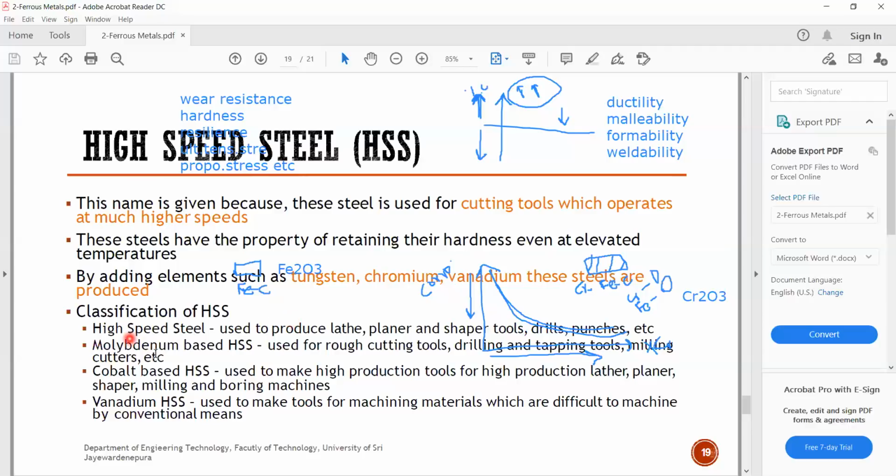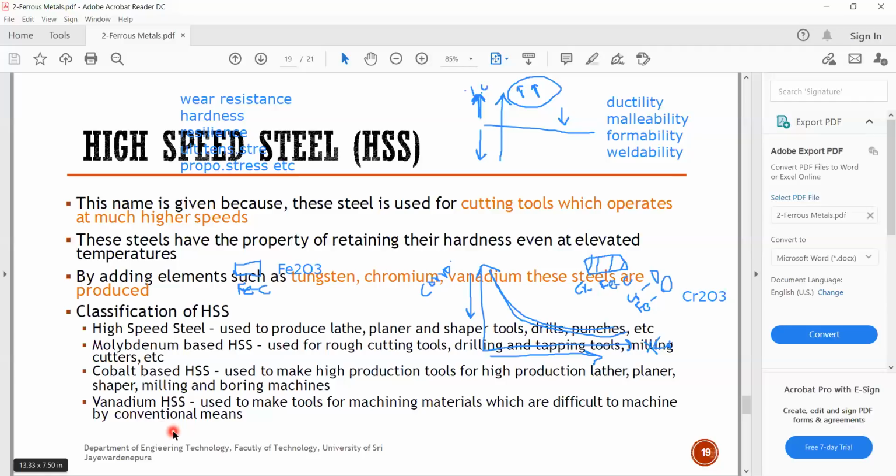Like molybdenum, cobalt, vanadium. That means if you add molybdenum to the high-speed steel, it is called molybdenum-based high-speed steel. If you add cobalt to that steel, it is called cobalt-based steel. If you add vanadium to that steel, it is called vanadium high-speed steel.